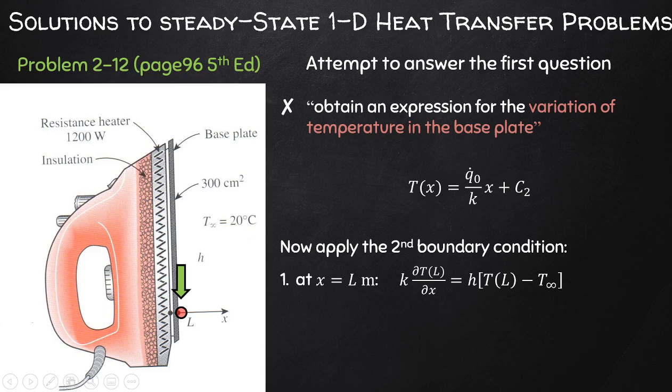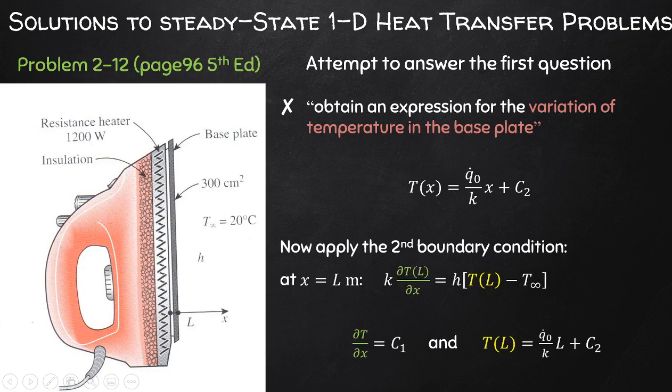Here we already know an expression for temperature T as a function of L, and we also know what dT/dx is equal to. We've already found this before and equated it to C1. So we substitute into our expression for C1 equal to Q dot over K, and also temperature as a function of L, which is equal to Q dot multiplied by L over K plus C2.